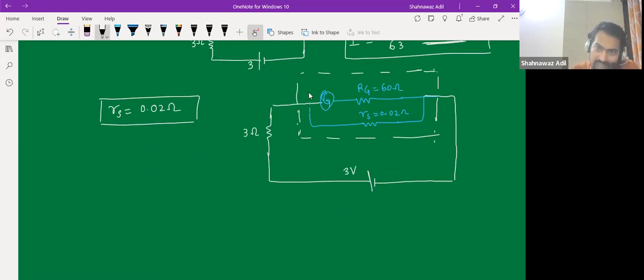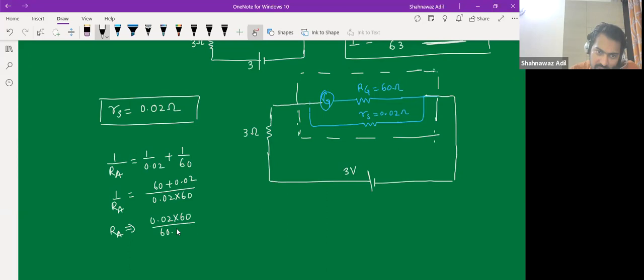So 1 over R ammeter would be 1 over 0.02 plus 1 over 60. Am I correct, guys? So this is 1 over RA, which is (0.02 into 60) over (60 plus 0.02). RA would be the reciprocal: 0.02 into 60 divided by 60.02.